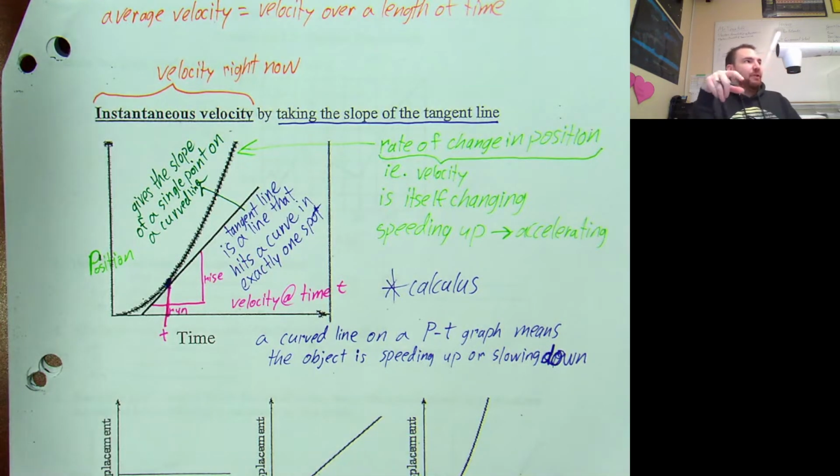Which is weird to think about how a single point in space can have a slope. Technically, a single point in space can't, but a single point that's part of a larger curve will have a slope.